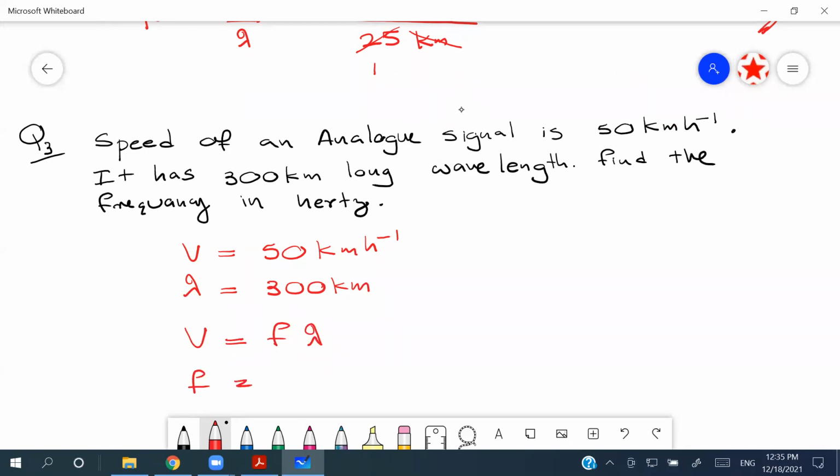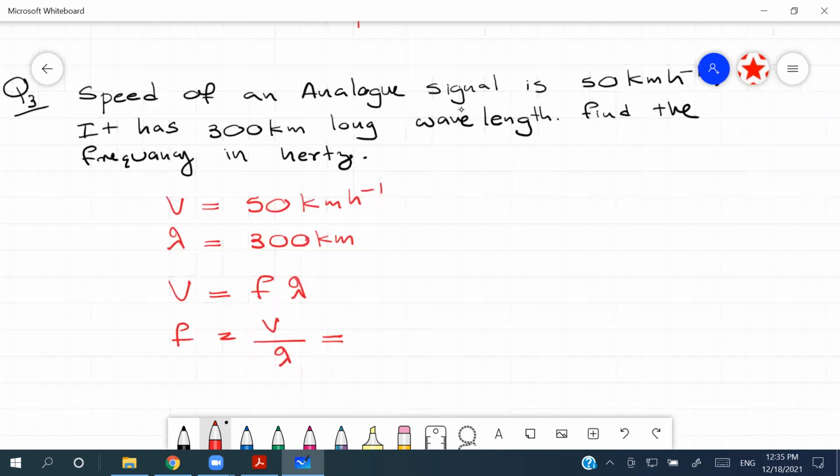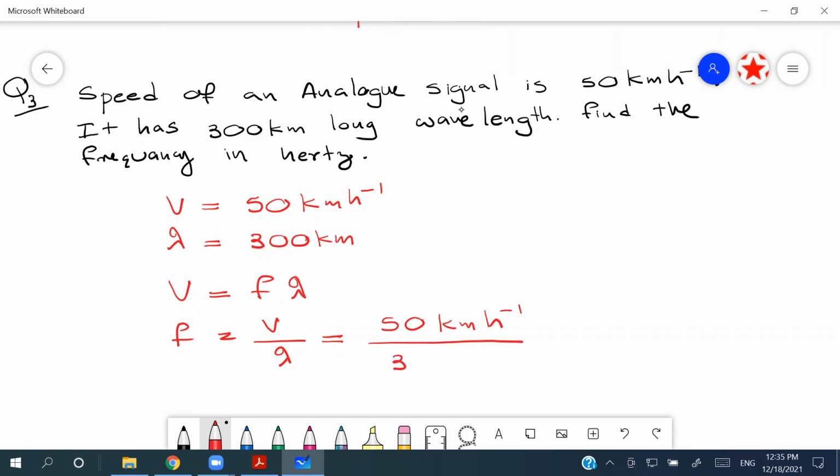So F equals V divided by lambda. So V is 50 kilometers per hour. And lambda is 300 kilometers, right?